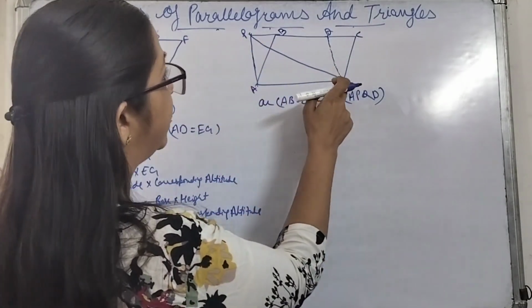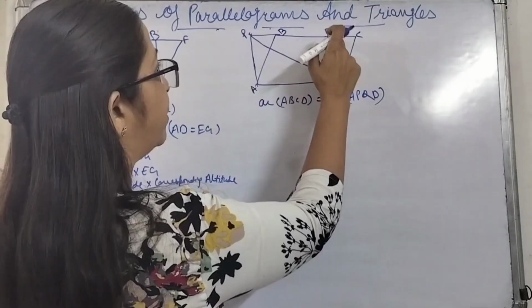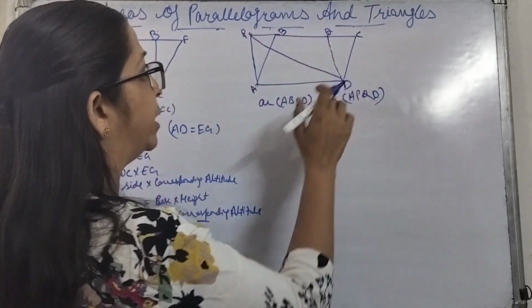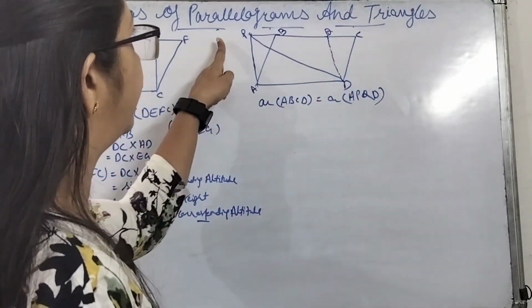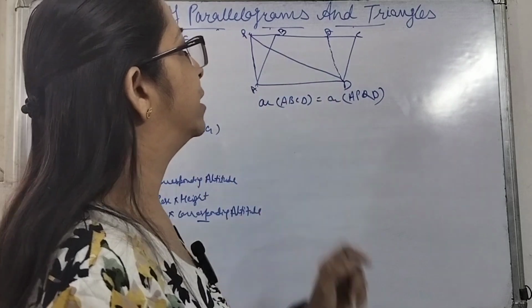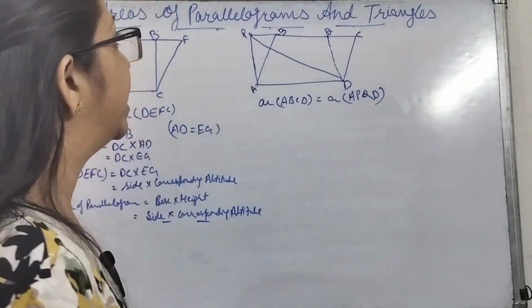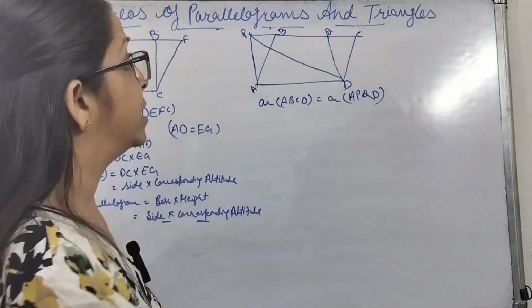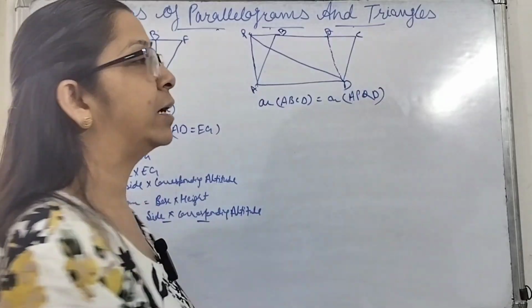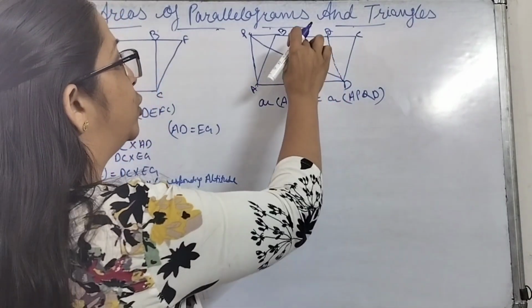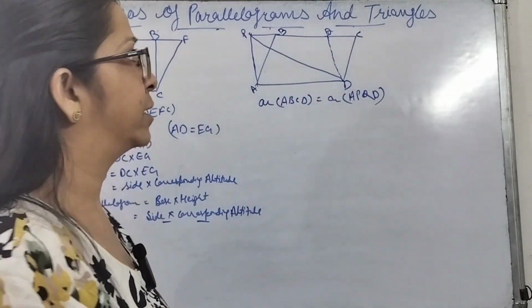Now, PD is the diagonal of the parallelogram APQD. For the parallelogram APQD, PD is the diagonal, and we have learned in the chapter quadrilaterals that the diagonal of a parallelogram divides it into two congruent triangles.